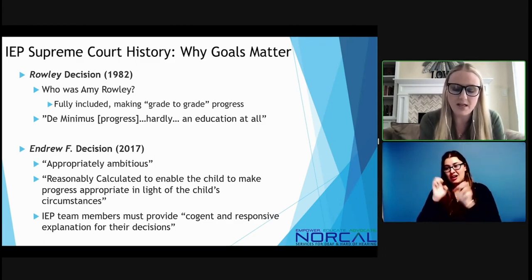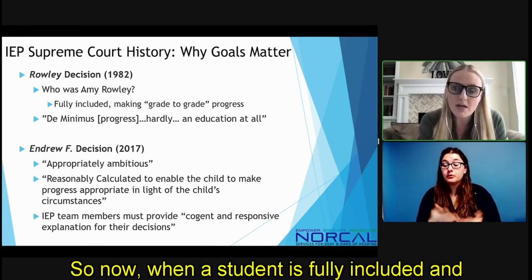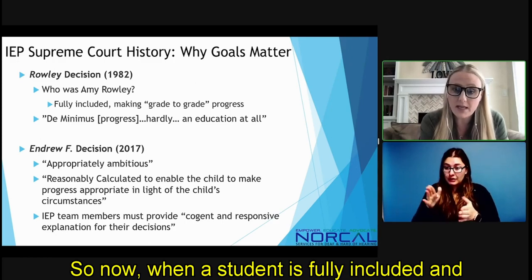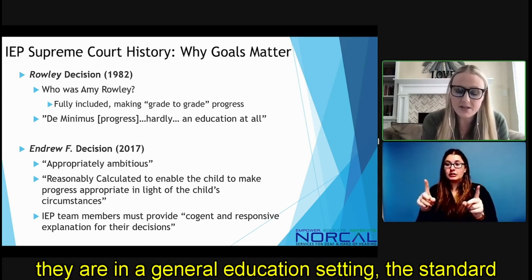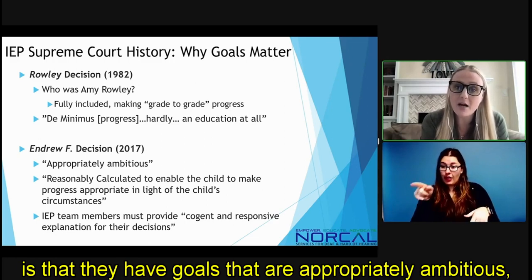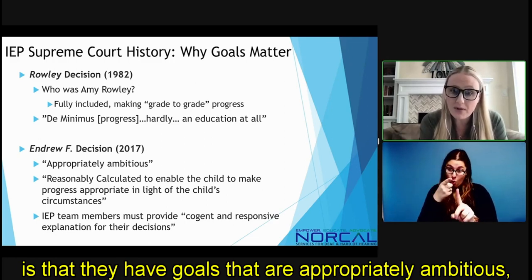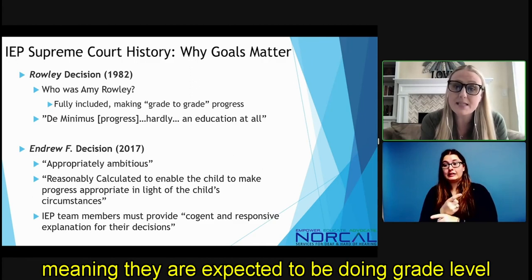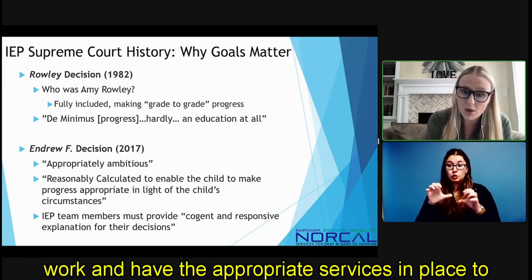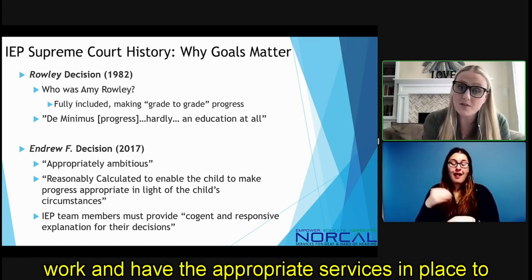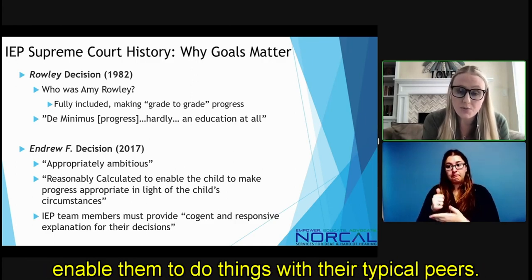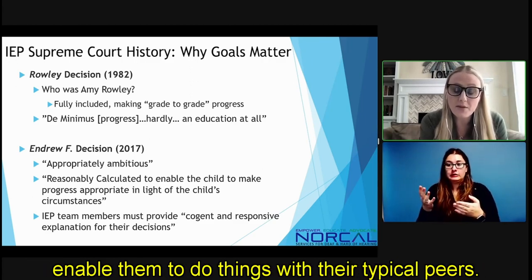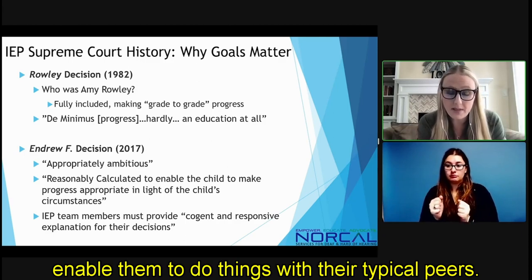appropriate education. So now when a student is fully included and they are in a general education setting, the standard is that they have goals that are appropriately ambitious, meaning they are expected to be doing grade level work and have the appropriate services in place to enable them to do things with their typical peers.